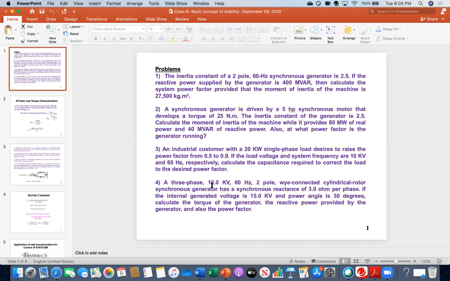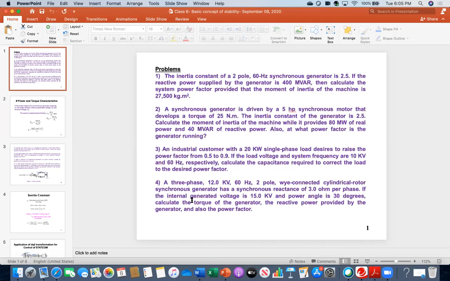This is not the phase voltage. So to use that equation, because this is a Y-connected system, you have to divide this number by root 3.